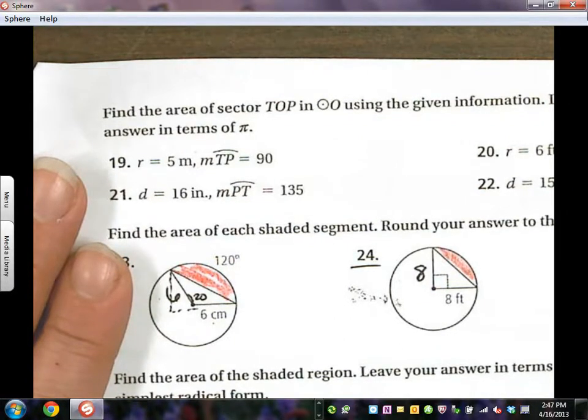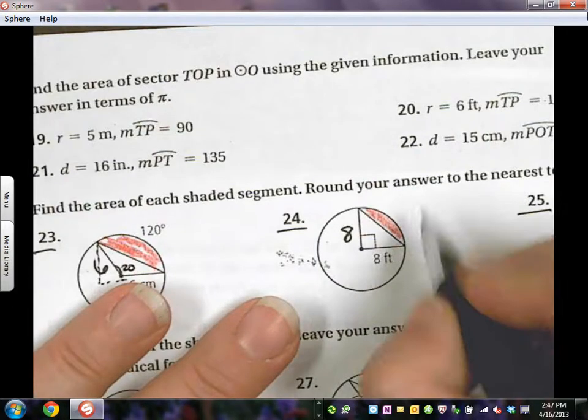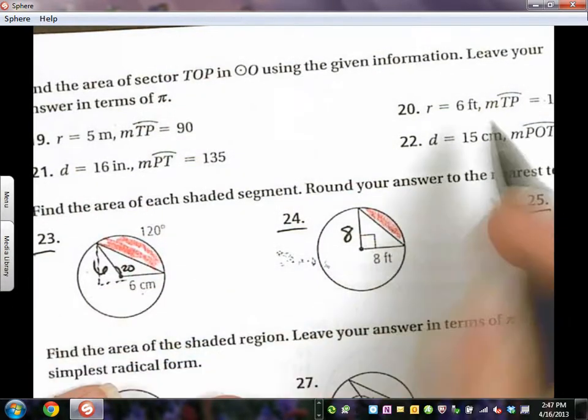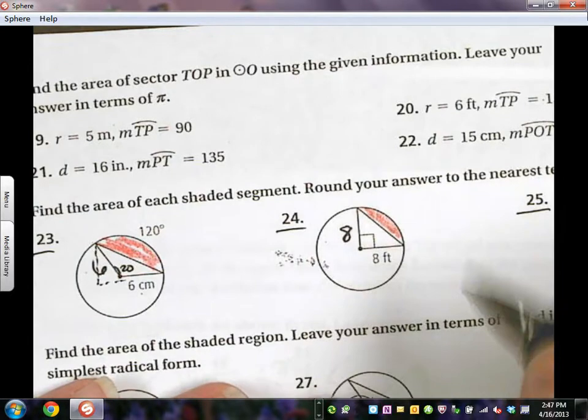I'm sorry, I'm looking at the picture trying to figure out what it is. Okay, so let's do this one first. We can find the area of this triangle. I know I can because that's a right angle. And I've got to find 1/2 base times height. Okay, I think I figured that one out.